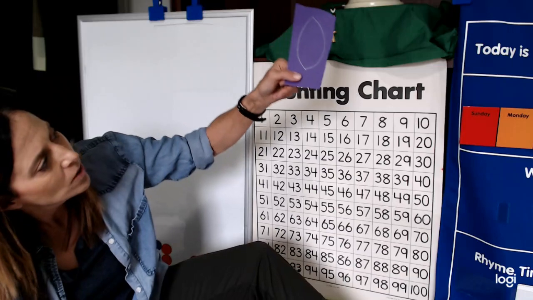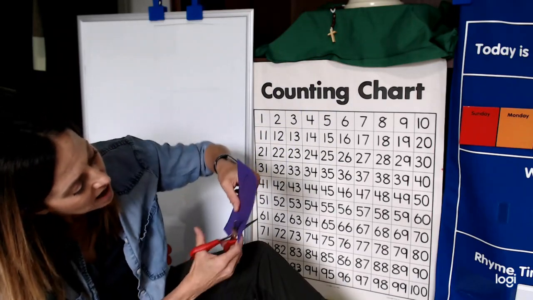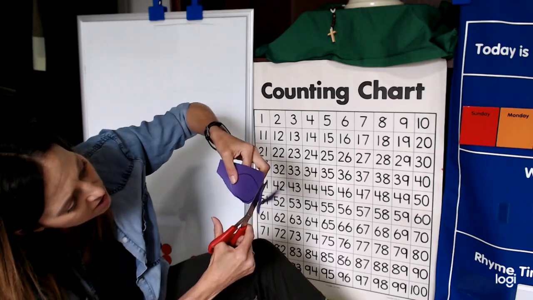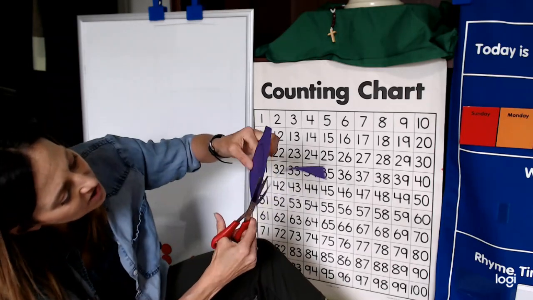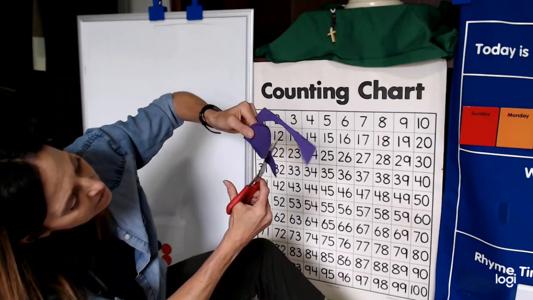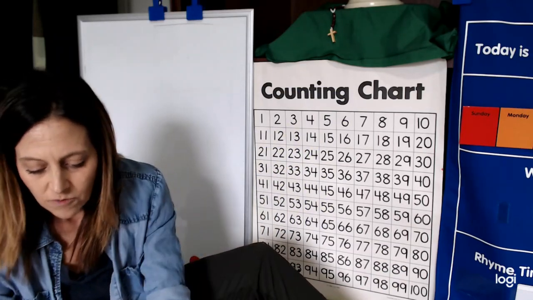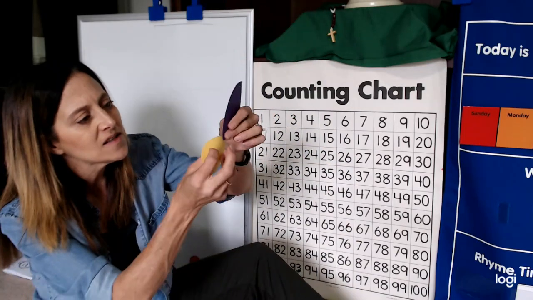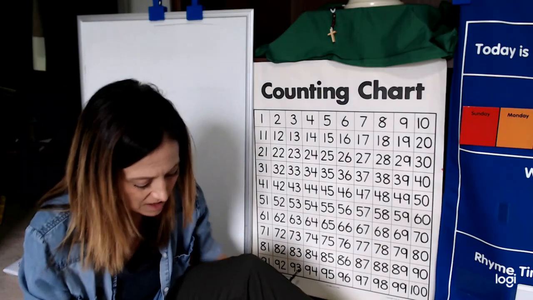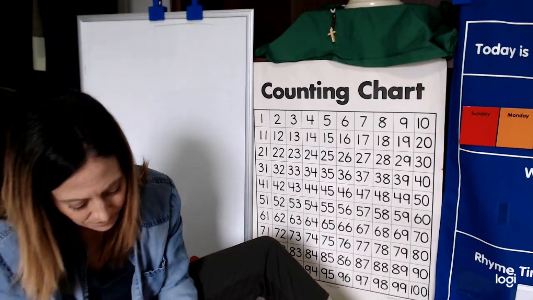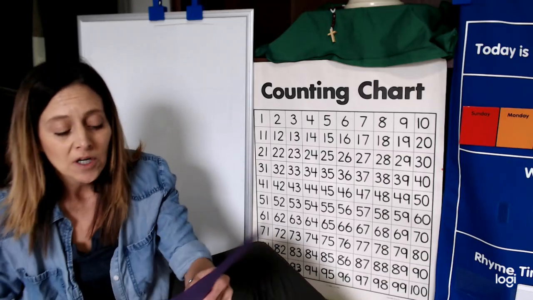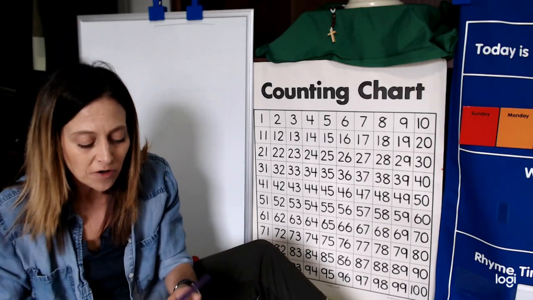I cut out the one, I see my line. I'm going around, pinch your fingers, turn, whoop, and then I'm going to turn it back around this way, turn, and then I'm done, right? Glue this onto your yellow flower piece. Boom, boom, boom.